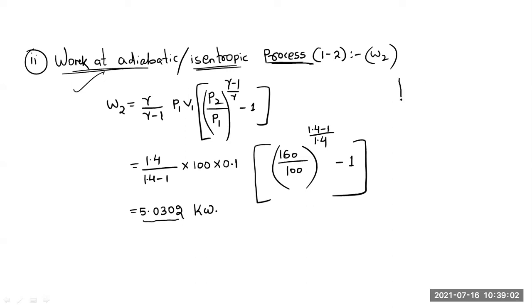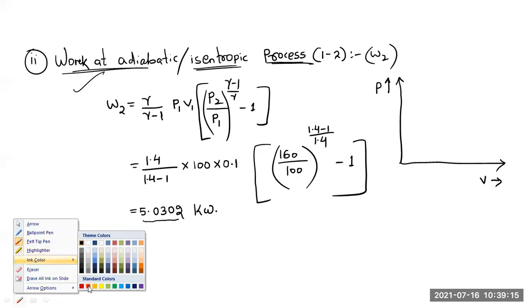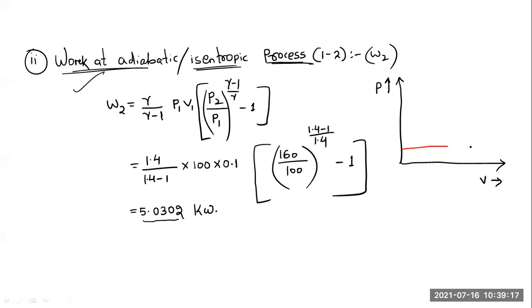Once again I am drawing the PV diagram so that you get clear which work done I am talking about. Suppose this is the pressure axis, this is the volume axis. This is the suction process. This is point 0, this is point 1, this is point 2.